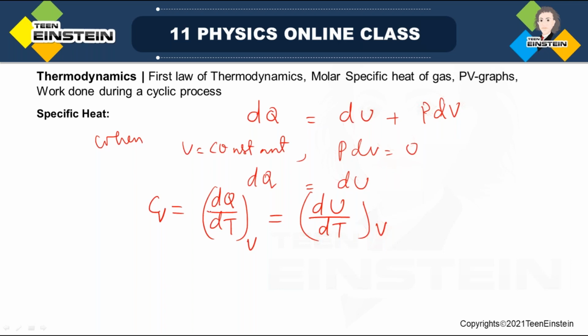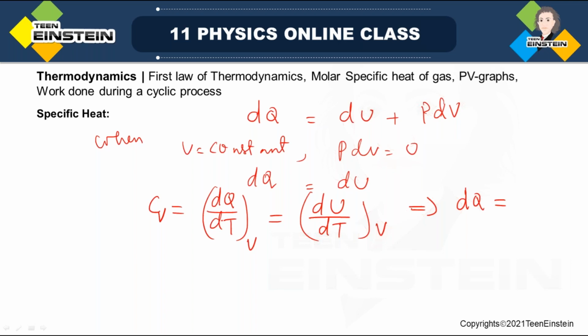So the amount of heat you supply to the system is spent in increasing the internal energy itself. So this is Cv. Sometimes we can write dq is equal to Cv dt from here.